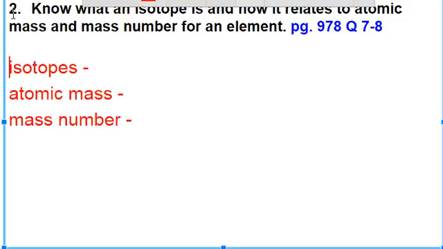Okay, we'll make a multiple choice. Are the atoms of the same element or atoms of different elements? Same element. So what has to be the same about them if they're the same element? Number of protons, because we just said it's protons that identify it.